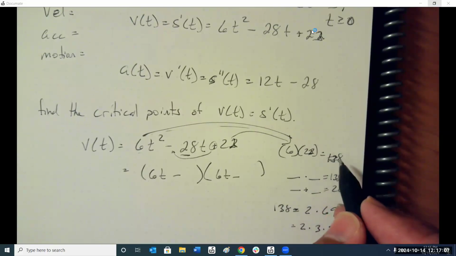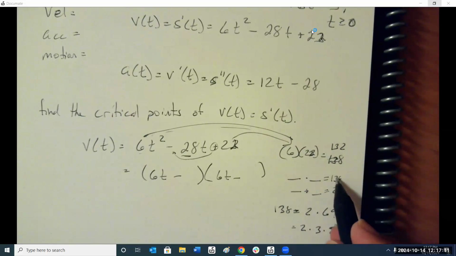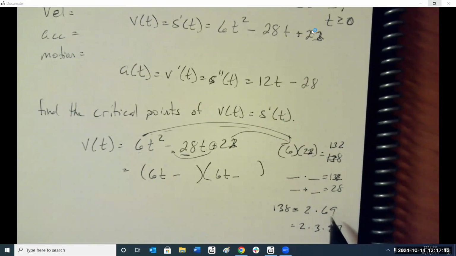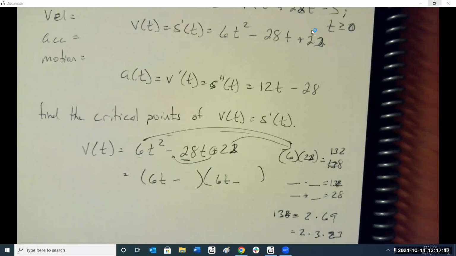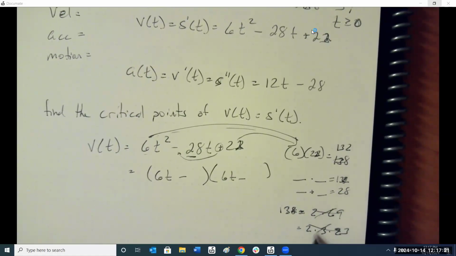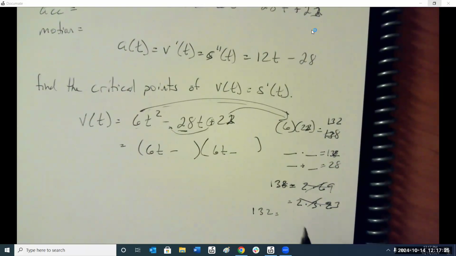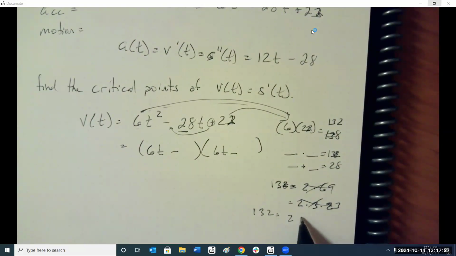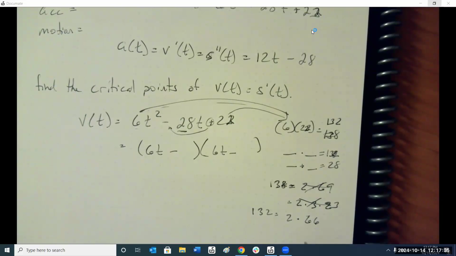Six times 22 is 132. So 132 is 2 times 66.